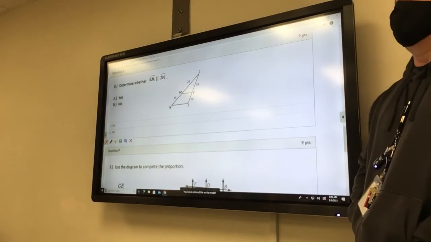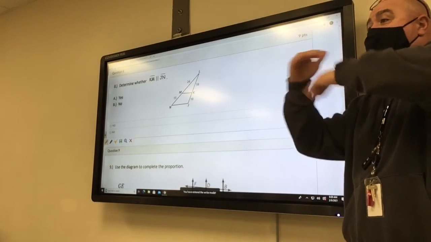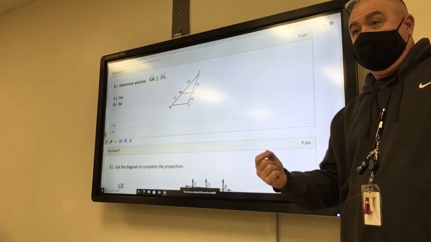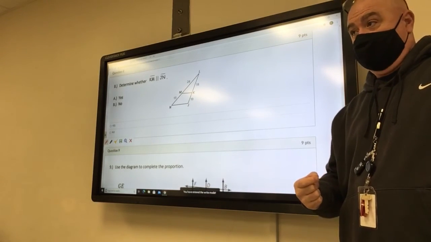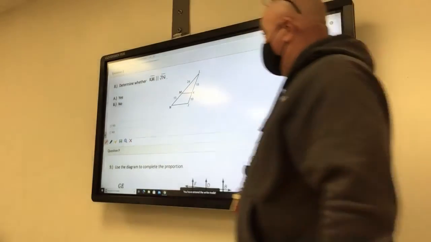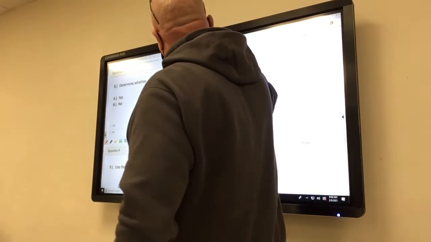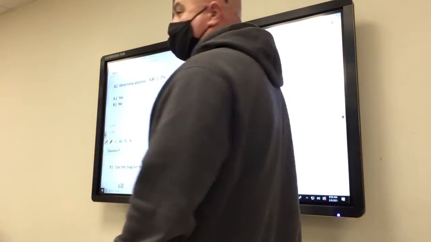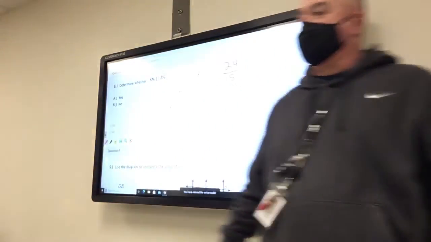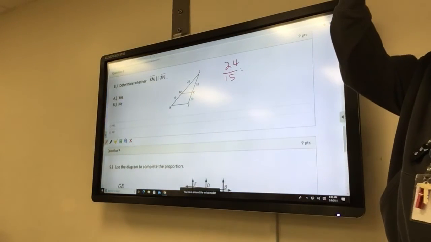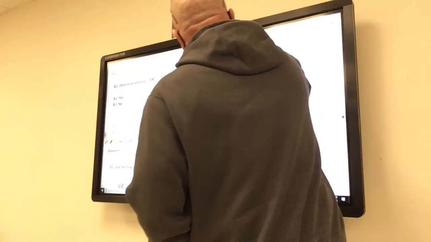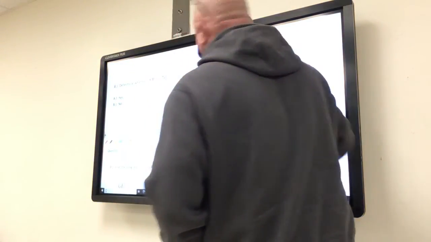In order to prove two lines parallel in the same triangle, we have to prove that the ratios match up on the same side. Okay? So all we're going to do is this. We're going to go 24 is to 15 and we're going to reduce that. What's the biggest number they got in common? 3. All right? That's 8 over 5.